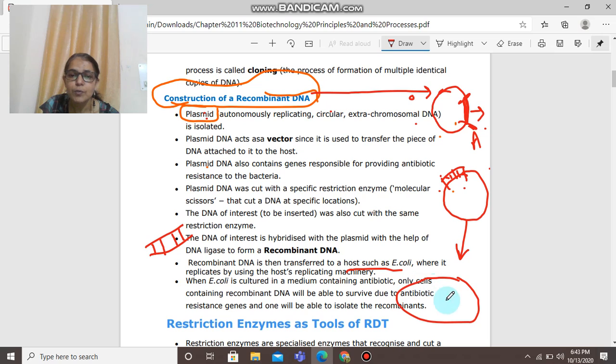This is the use of the recombinant DNA and the use of the plasmid as the vector. So plasmid acts in the same way as the female Anopheles mosquito acted during the transmission of the malarial disease. This plasmid is also carrying this foreign piece of DNA into another cell. Similarly, the female Anopheles mosquito is transferring the plasmodium pathogen from the infected person to the healthy person.